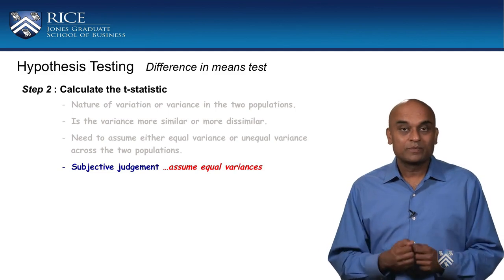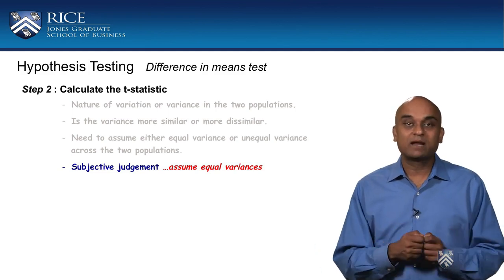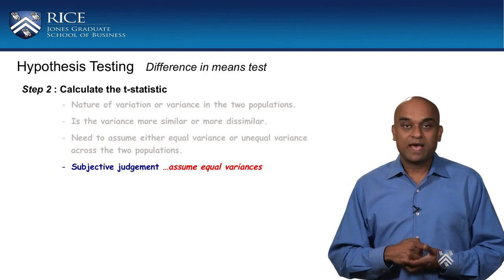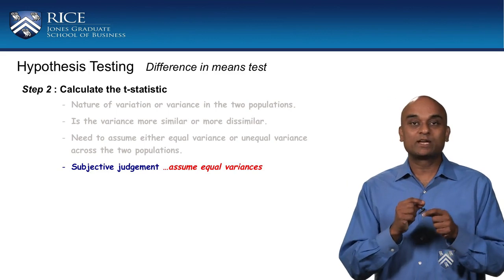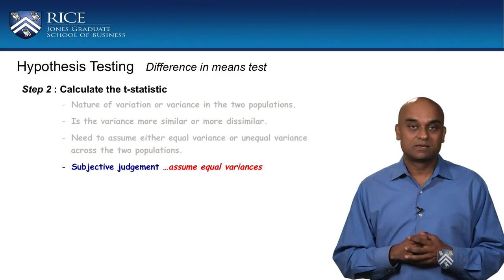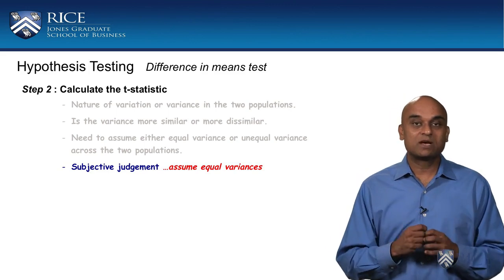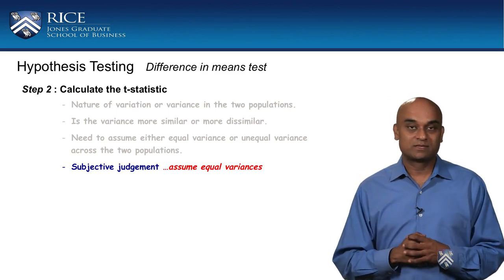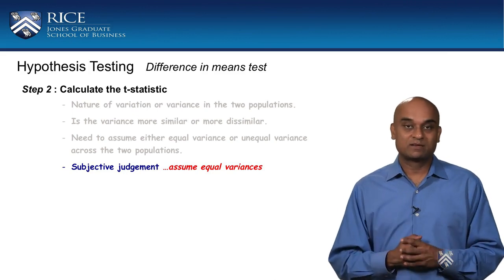For example, some of you may argue that men and women are inherently different and hence the variation in heights is also likely to be more dissimilar, thus arguing for an unequal variance assumption across the two populations. That too is a reasonable argument and cannot be falsified.